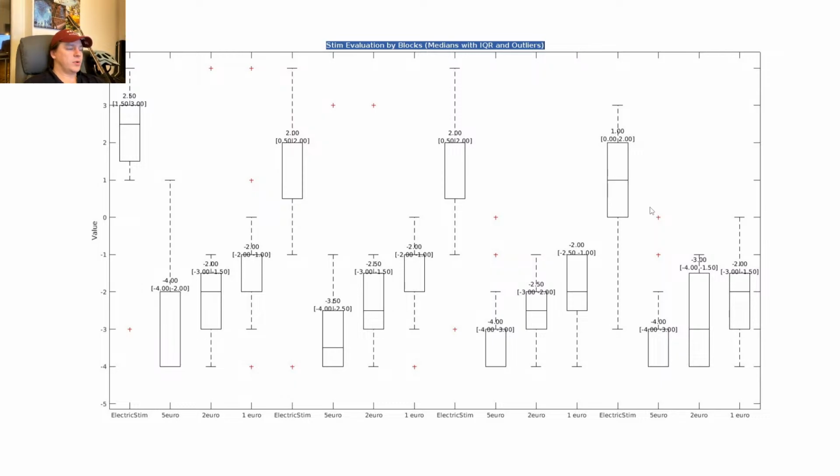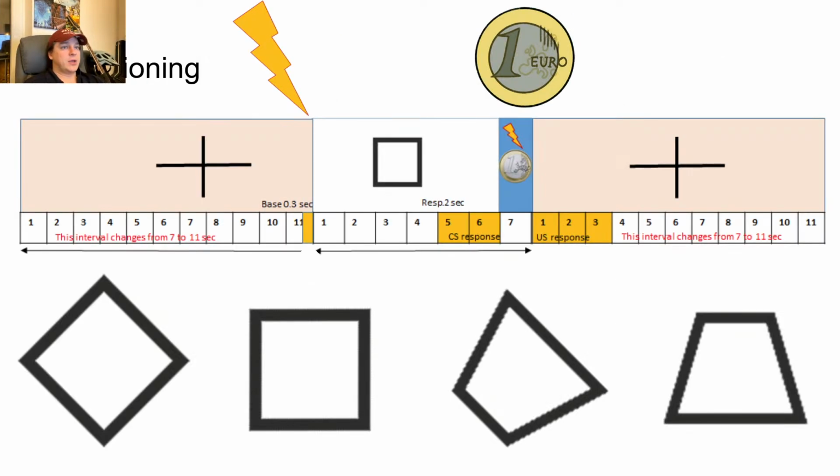Now, what we can observe is that the habituation to electrical stimulation is more visible in the questionnaires than the habituation to the money. So the pain becomes less painful, but the money is still money. Okay, and now after all this, we decided that, if there is actually no difference shown, we're going to use €1 as the appetitive stimulus in our actual conditioning paradigm.